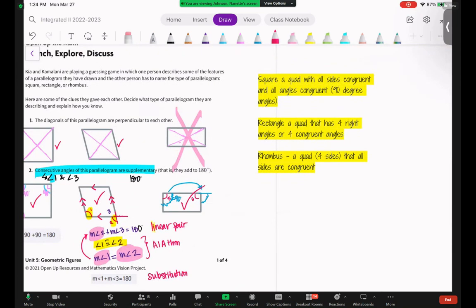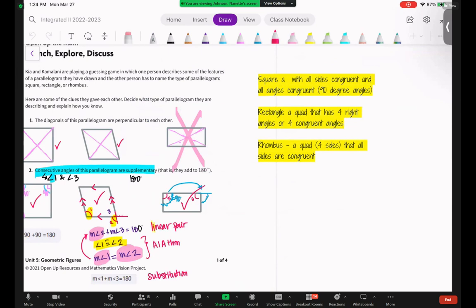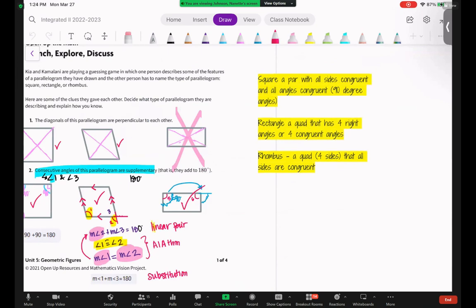I'm going to put up here that these are parallelograms. Do you guys remember all the things that you get if you know that something's a parallelogram? I'm going to change these definitions to being a parallelogram. If you don't remember, anybody remember where I can find really quickly where my properties of a parallelogram are?